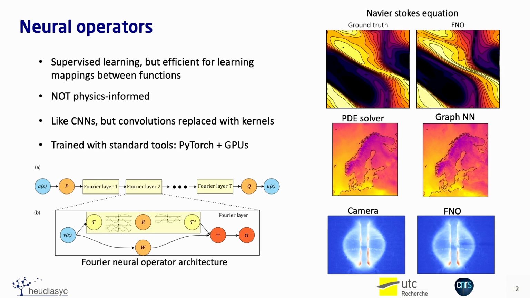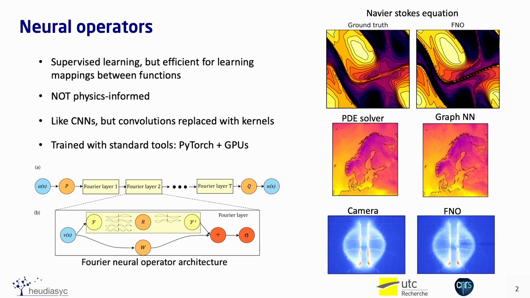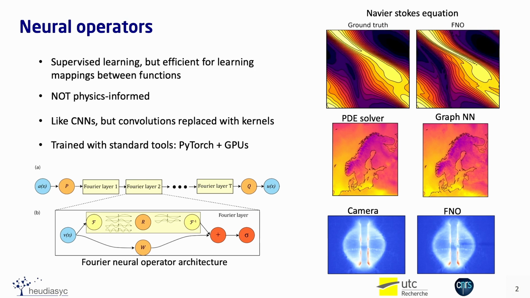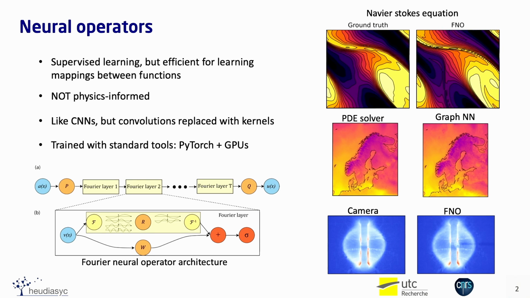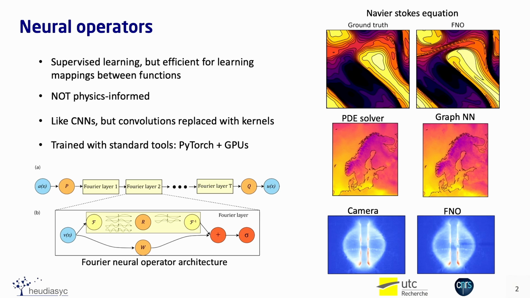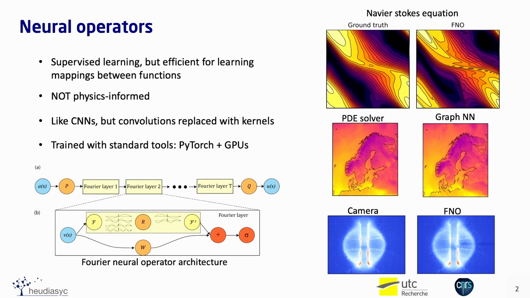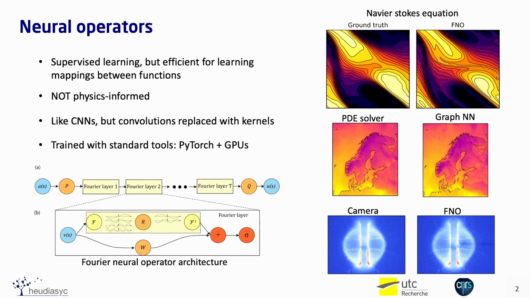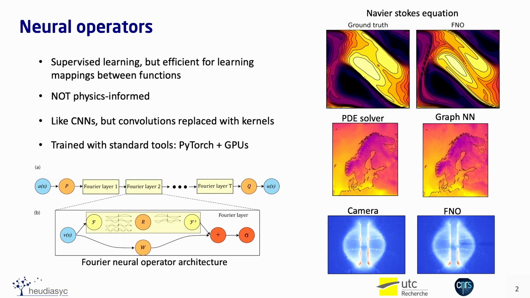They're kind of like convolutional neural networks, but the convolutions have been replaced by kernels. And they've been applied in quite complex applications, for example the Navier-Stokes equation here, also in weather modeling and also in nuclear fusion.